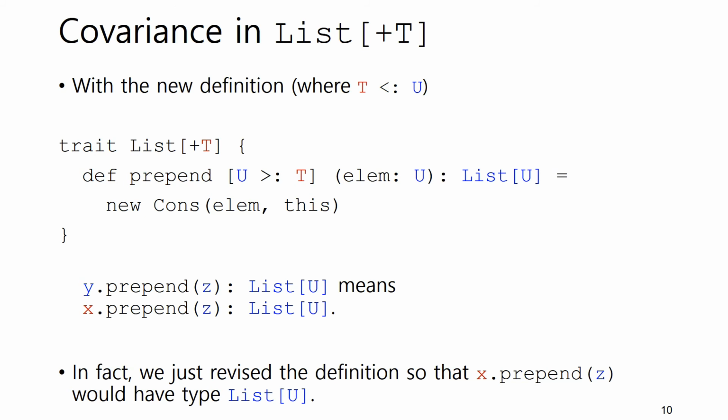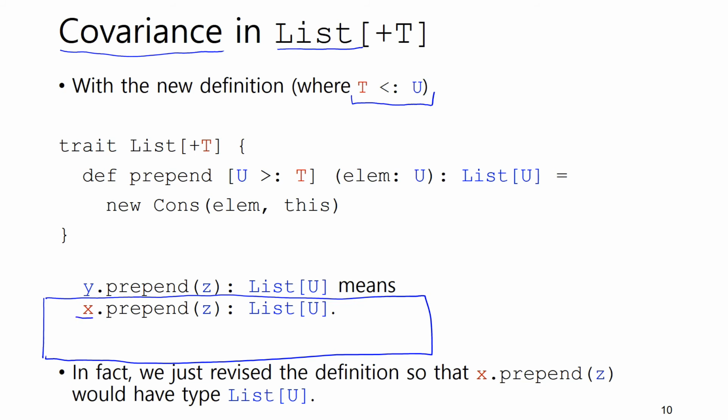Let's see how we can fix the previous code so that we can recover the covariance of type list. Suppose that we have this subtyping relation for elements of a list. The observation from the previous slide is this one.